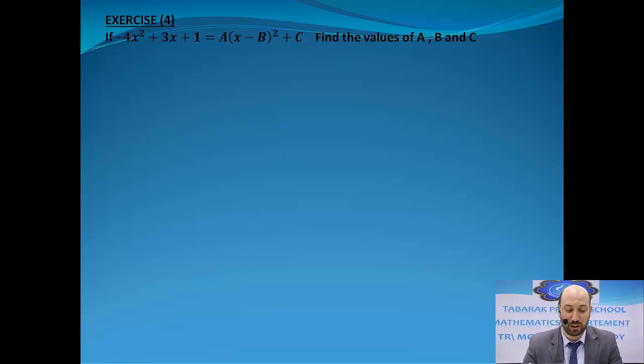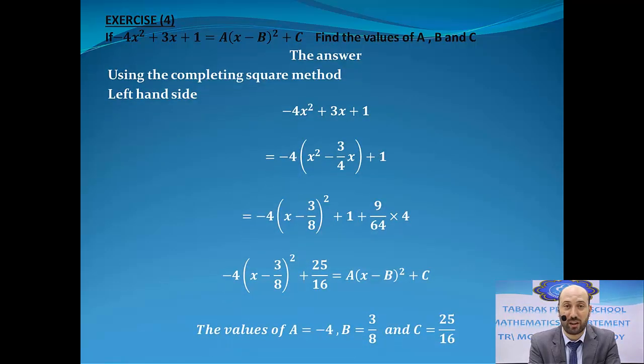What is the completing square form? If you remember, we studied in the first semester how we could convert any quadratic expression to completing square form like what we have on the right side. And now for the answer here, we are going to use the completing square method.